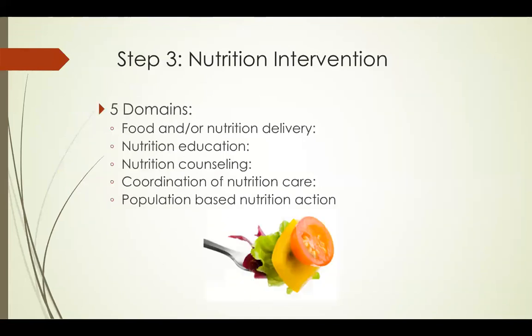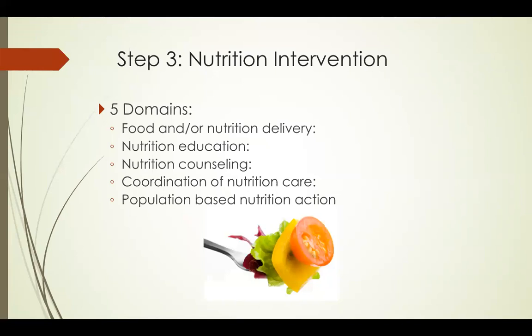So, for example, in this last slide, if I provide nutrition counseling as intervention, I need to check back with the patient to see, have they made any behavior changes as a result of that nutrition counseling. If I do food or nutrient delivery, maybe I'm going to sign a senior up for Meals on Wheels, and they're going to have 5 meals a week delivered to their house. Is that going to improve their calorie intake? I could assess that.